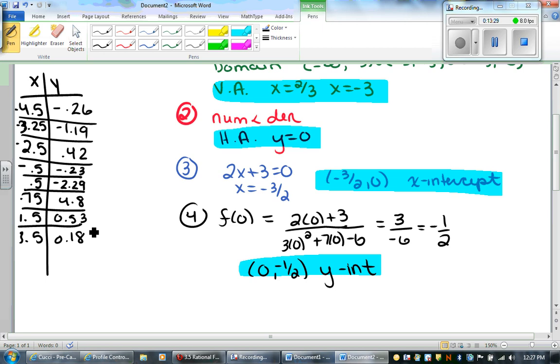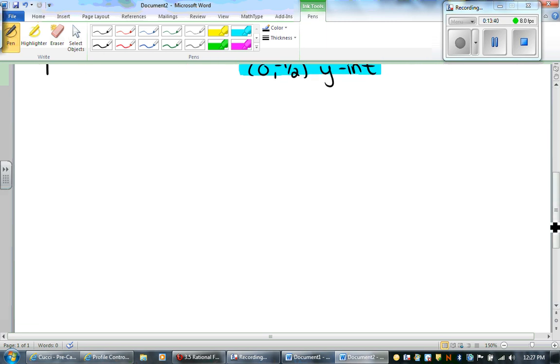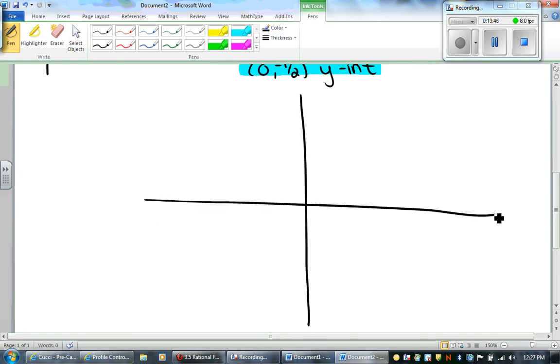Okay, so now that I have all those values, I'm able to go through and plot all of this important information. All right, so first things first, we need to get in our asymptotes. That's where we always start.